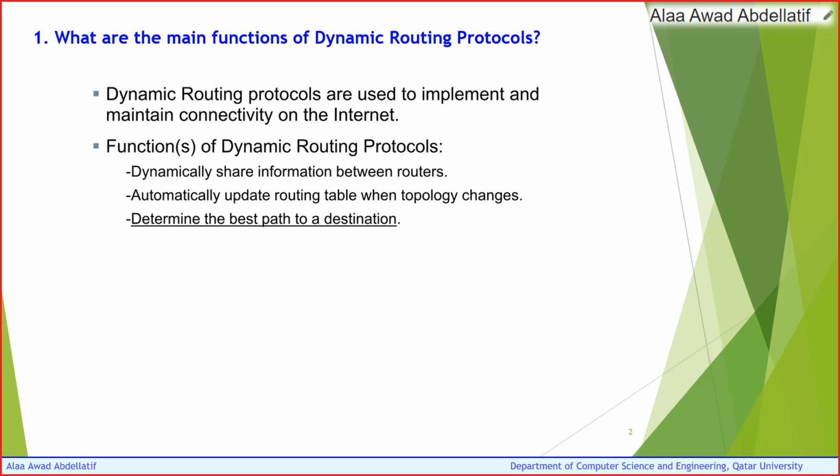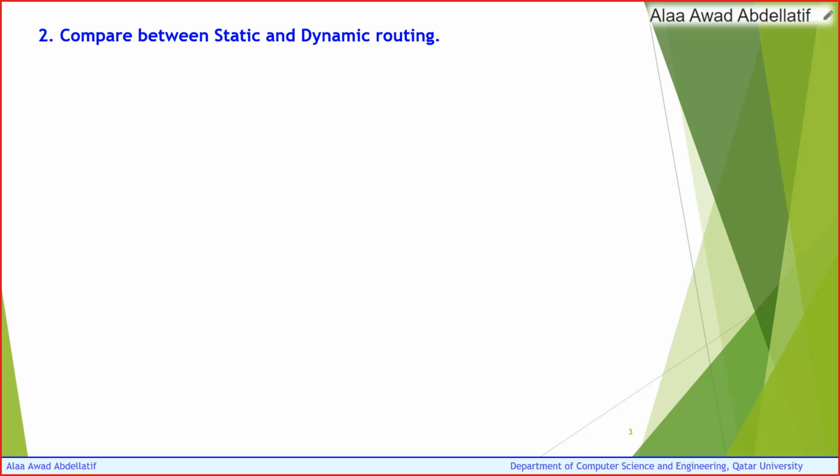So these are the main three functions of dynamic routing protocols: dynamically share information between routers, automatically update the routing tables, and determine the best path to a destination. These are the main functions of dynamic routing protocols.